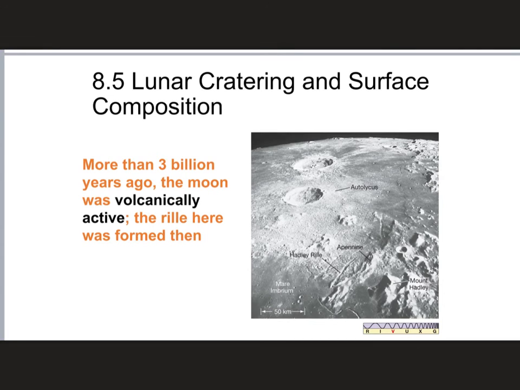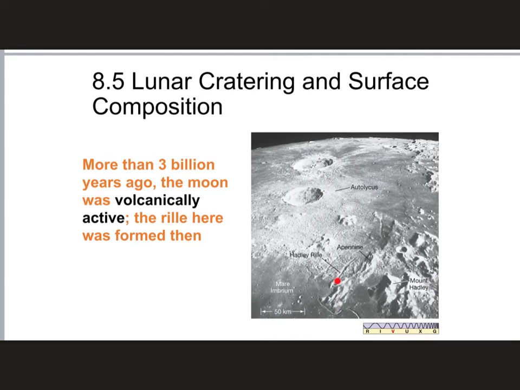Now, I mentioned that the moon is not geologically active anymore, but it was at one time. The moon had lava in its interior, it had volcanoes, and these volcanoes would create eruptions. You would also have geological activity. That's why the moon has these mountain ranges. And it also has these things called rills, which are basically like channels.